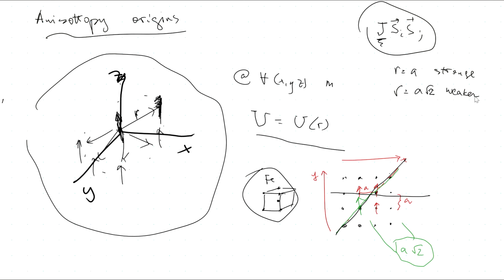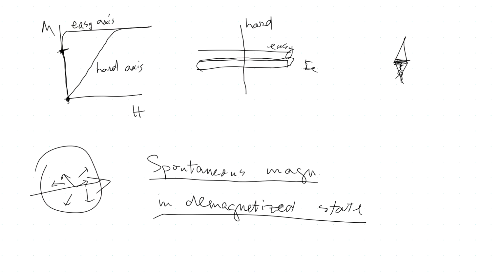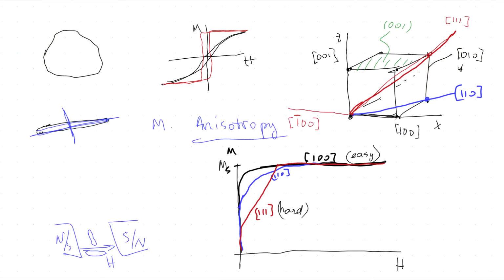Stronger interaction implies that we will have an easy axis. Magnetic moments would want to interact when they're placed closer together; the interaction would be stronger. And if you go back to this image, you will see that the easy axis is formed by these directions.